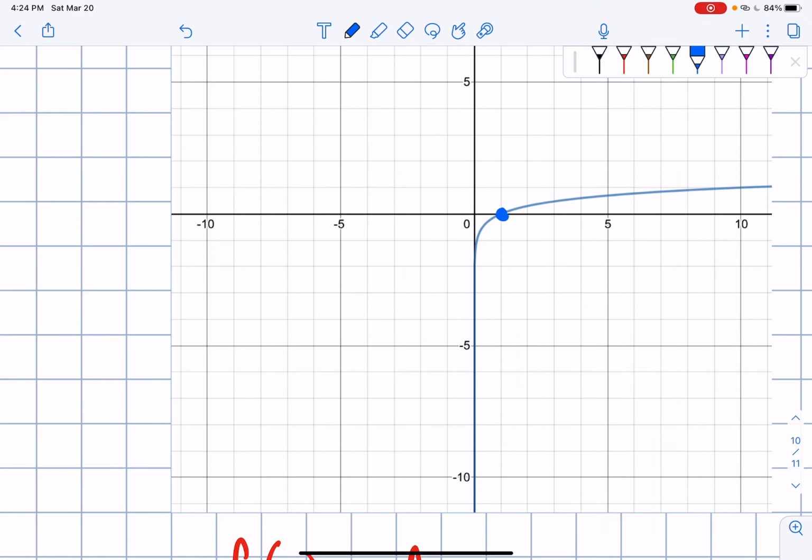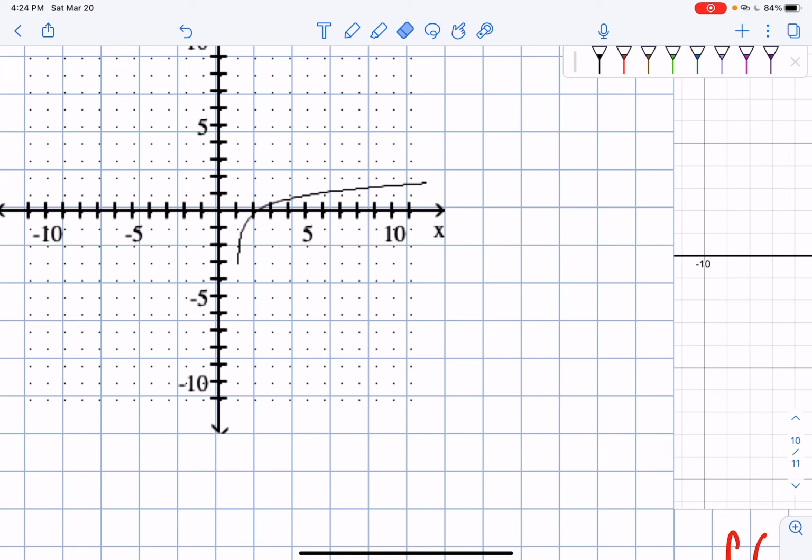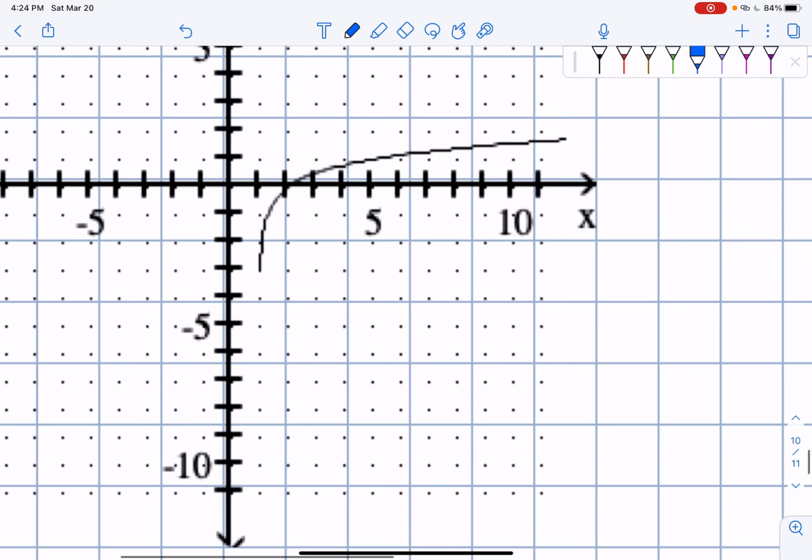So the exponential function, we said, crosses 0, 1. Well, if you flip the x and y, now what do you get? 1, 0, right? So that's why you have that. Now the question is, what happens? So if you come over here, 1, 0 would be literally right here. Well, how did that move? How did that shift?